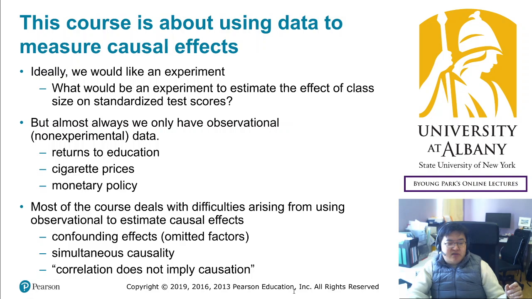And second, simultaneous causality. Simultaneous causality is something like this. Think about returns to education. When you think about returns to education, we would like to estimate the effect of education on salary. But you may go the other way. Say you expect you are going to have enough salary in the future, so you can afford higher education.